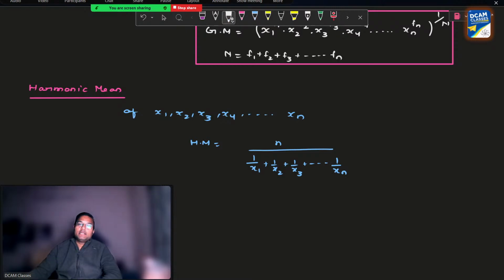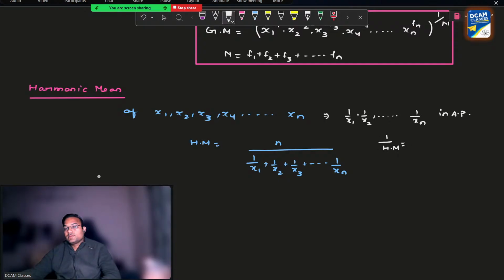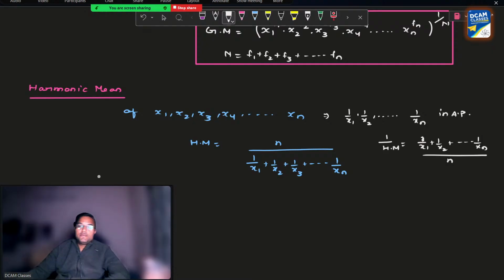Because you know, it's actually the reciprocal. If they are in HP, then 1 by x1, 1 by x2, up to 1 by xn will be in AP. So that's why we actually do 1 by HM equals (1 by x1 plus 1 by x2, so on and so on, 1 by xn) divided by n. That's why. Understood? Like that we do. So this is the basic formula.